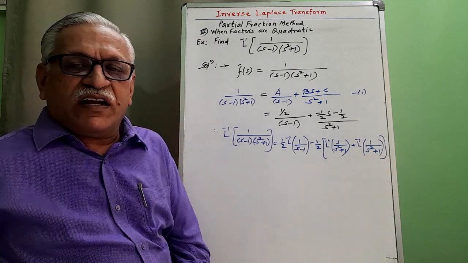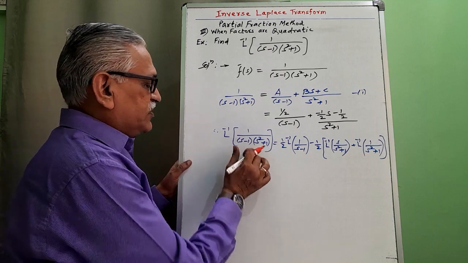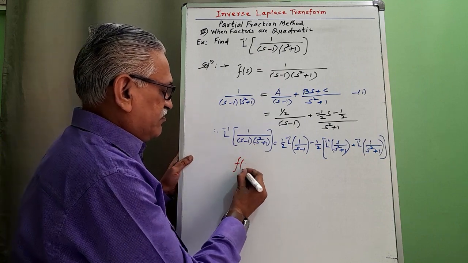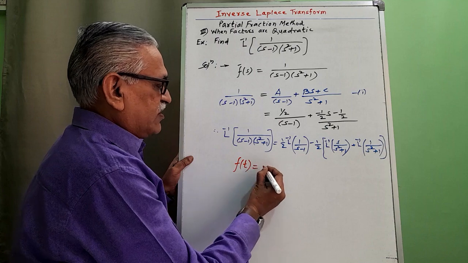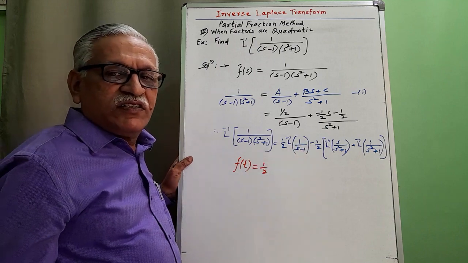And then applying standard results of inverse Laplace transform, we get f of t: 1 by 2, 1 upon s minus a, its inverse is e raised to at.